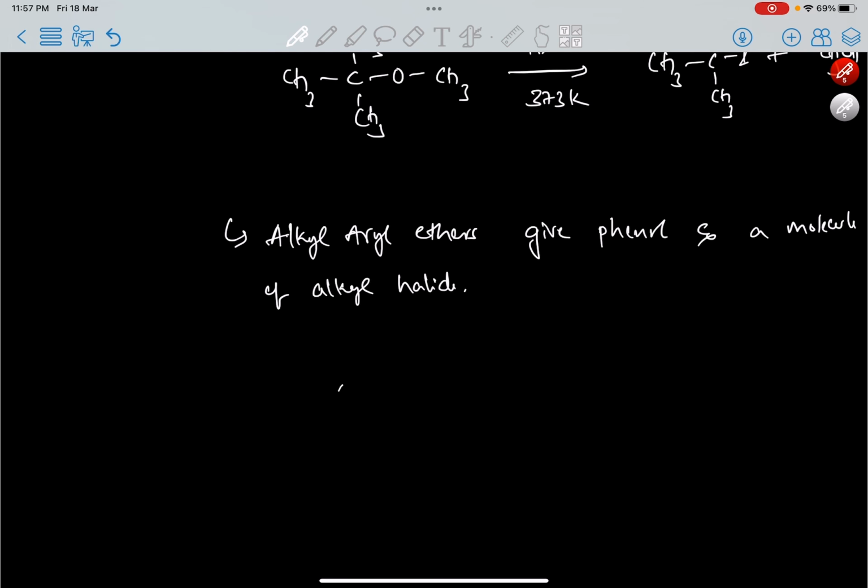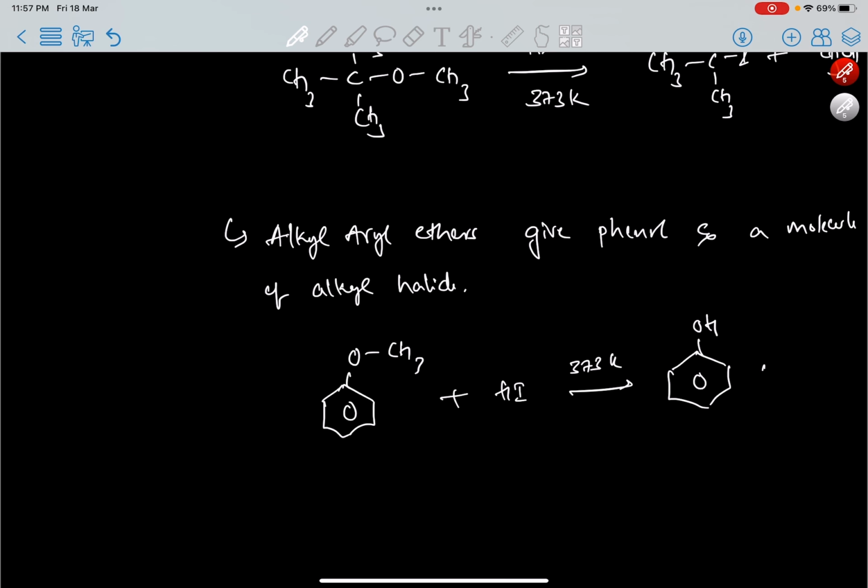That means if we have an alkyl aryl ether, on one side of the oxygen, instead of an R group, we have an aryl group, and on the other side we have a methyl group. When this undergoes this reaction at 373 Kelvin, we always get phenol only.